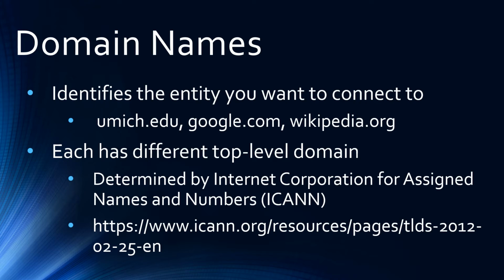How do some people get to be .edu and some .com, some .biz, and many more? Well, they're actually determined by ICANN, the Internet Corporation for Assigned Names and Numbers. Their job is to go in and decide which types of organizations qualify for different domains. The link there is provided so you can go and see what the different types are.